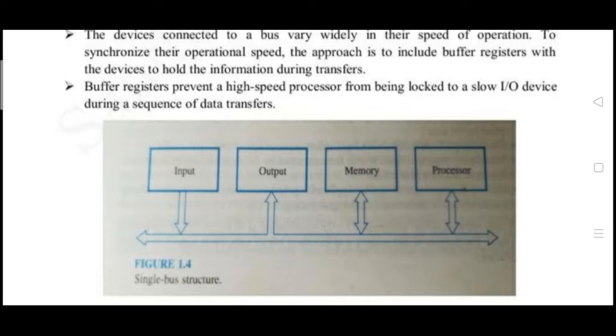Input device will give the data to the computer, isn't it? That's why, check the arrow mark. Data is captured from the input device and sent onto the bus. There is an outward arrow, and no inward arrow for the input device. But for the output device, there is no outward arrow, only an inward arrow, because a normal monitor or printer doesn't take input, it just provides output.